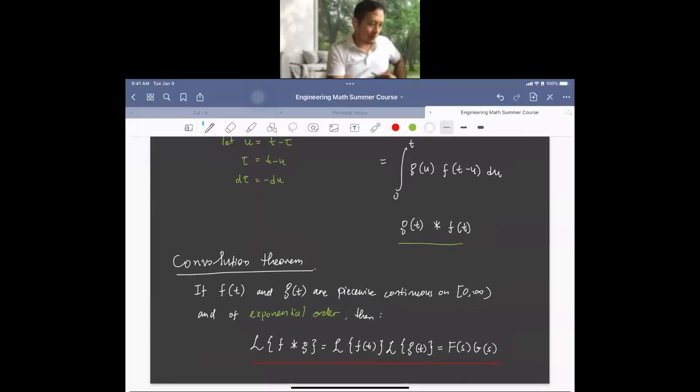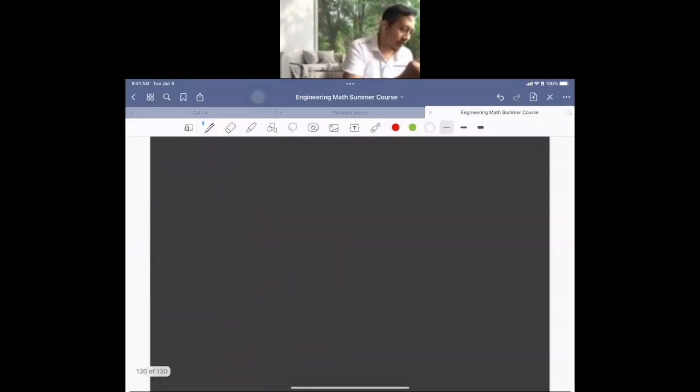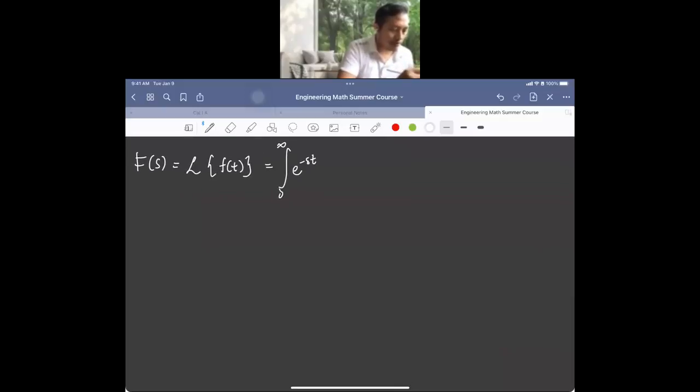So for the convolution theorem, to prove this, let's take some formal definitions. Let's take the formal definition of capital F as an integral, just using the formula for Laplace.